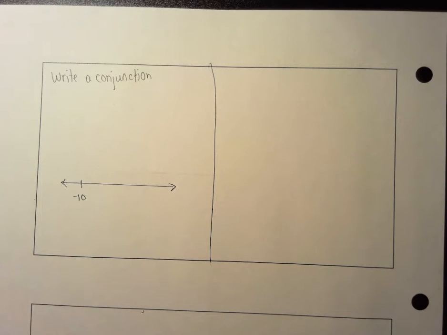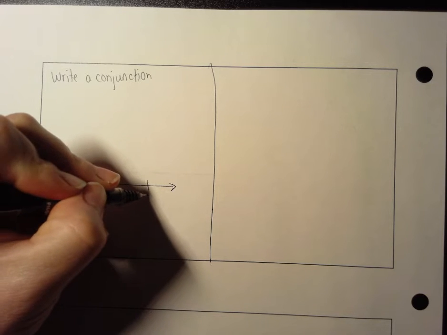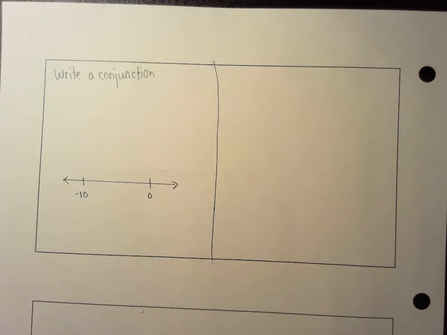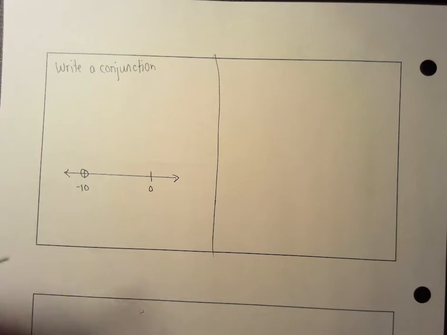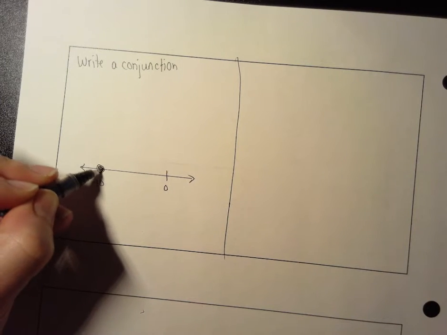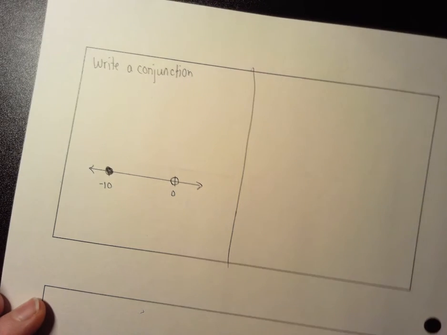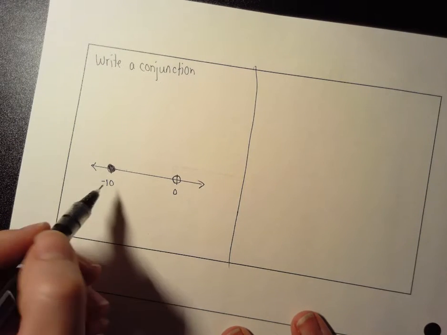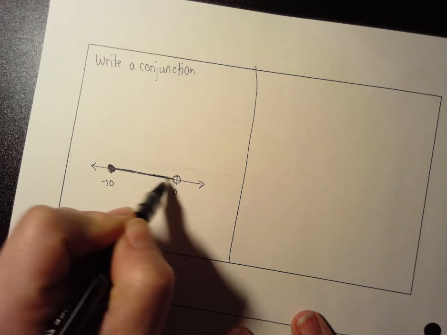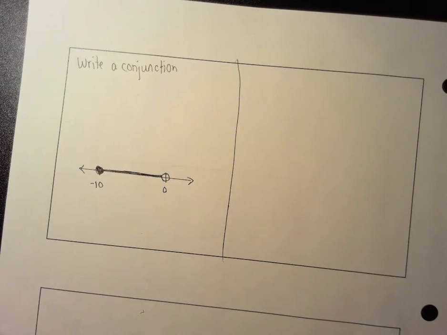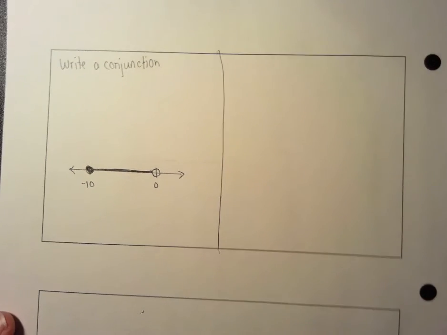So I've got -10 and I've got 0. The circle at -10 is going to be shaded, and the circle at 0 is not shaded, and then everything in between here is shaded. So what conjunction describes this graph?